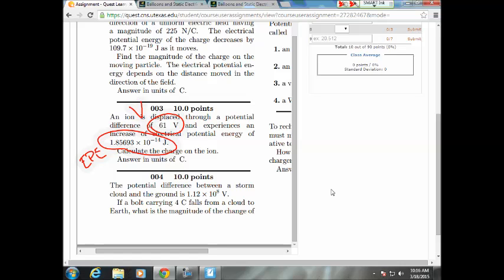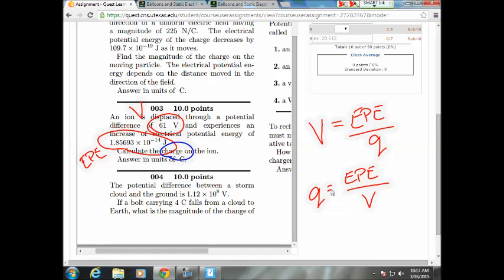And we're looking for the charge again. Potential difference equals EPE divided by the charge. So Q equals EPE divided by V.